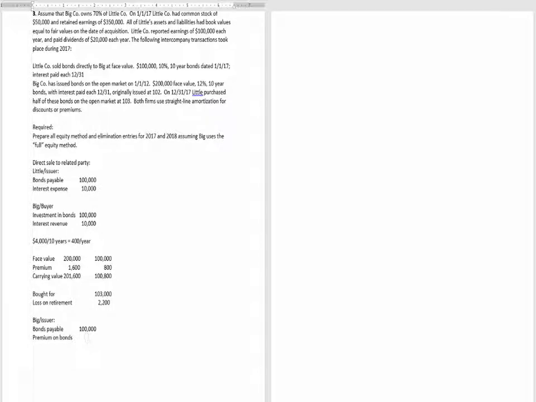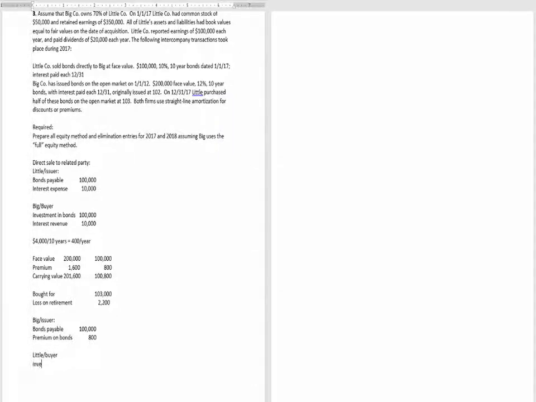And so these accounts need to be eliminated. Now, Big also has interest expense for the year, but that interest expense was paid to and incurred with some unrelated third party. We're only interested in the related party aspects of this relationship. So although Big has interest expense, it wasn't incurred while Little owned the bonds. So let's go ahead and see what Little has. Little the buyer.